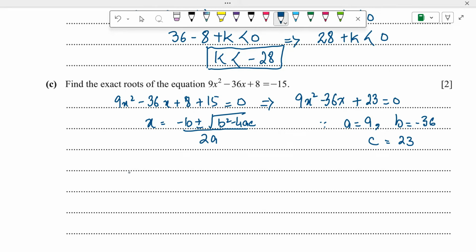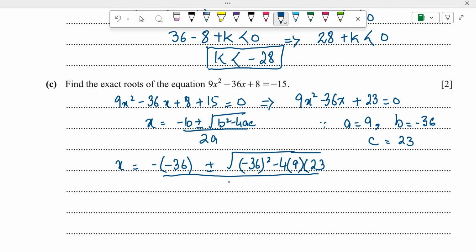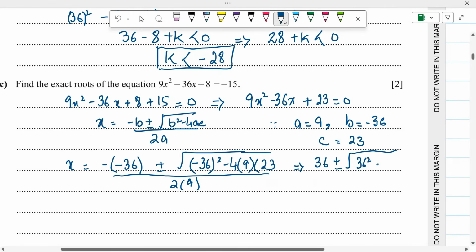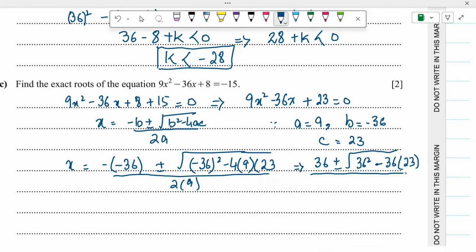Plugging in a, b, c, we will have x = (36 ± √((−36)² − 4 times 9 times 23)) / (2 times 9), and this is equal to (36 ± √(36² − 36 times 23)) / 18.